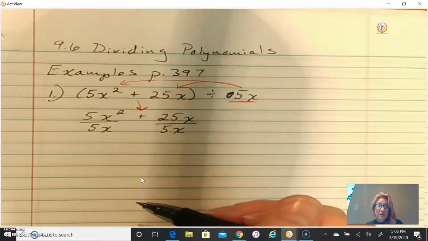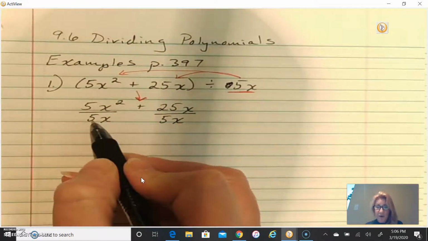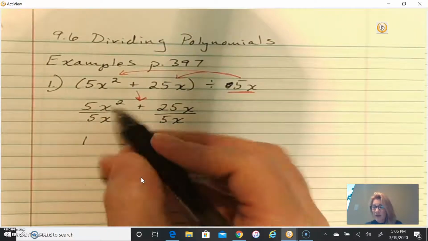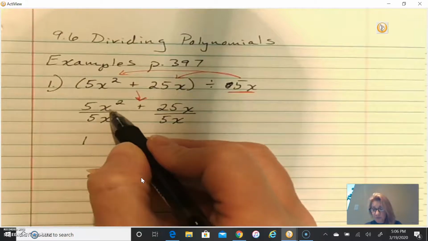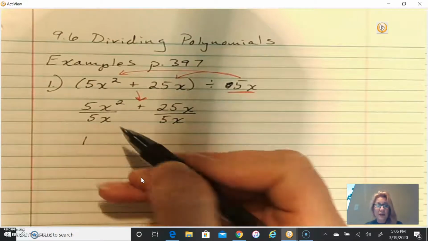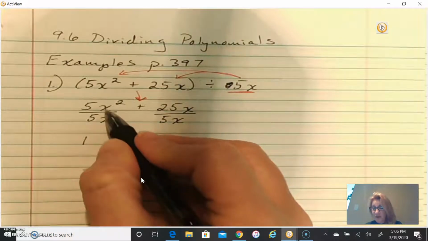Now you do plain old division. 5 divided by 5 is what? That's 1. x squared divided by x. Now remember, if we're dividing and the bases are the same, what do you do to the exponents? You subtract them. The bases are the same.